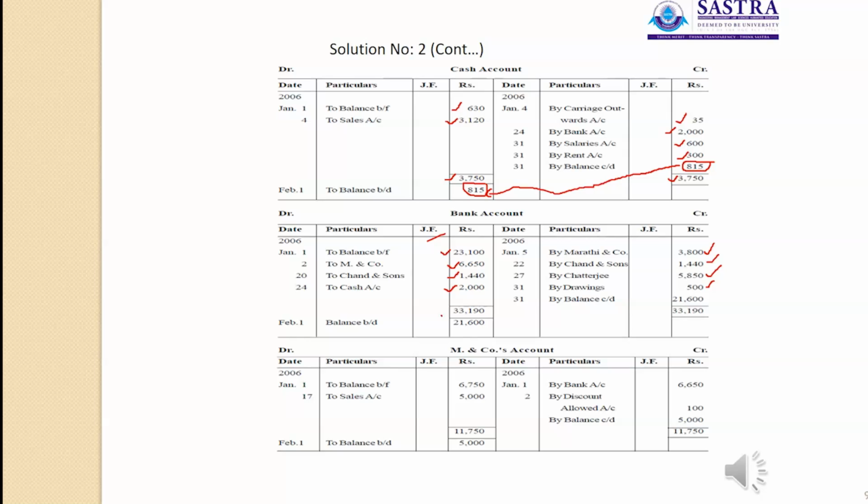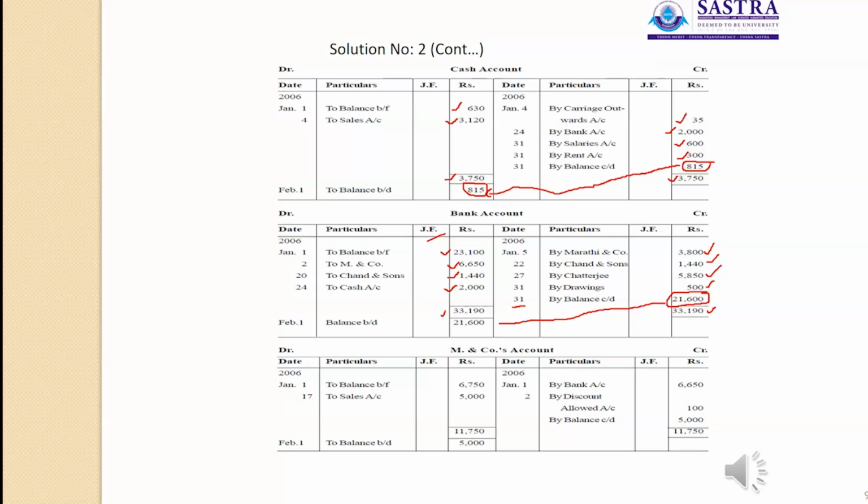So the total of the debit side is 33,190. What is the difference between these two? 21,600. So 21,600 is the balance carried on in the month of January 31st.